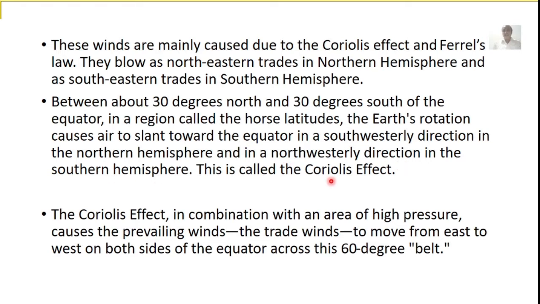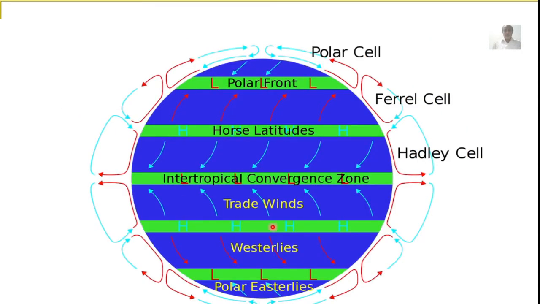This is called the Coriolis effect. The Coriolis effect, in combination with an area of high pressure, causes the prevailing winds, the trade winds, to move from east to west on both sides of the equator across this 60-degree belt. So now let us understand how trade winds happen.